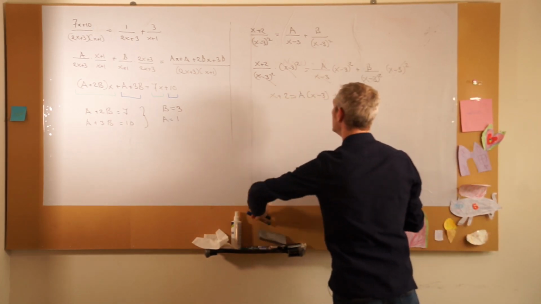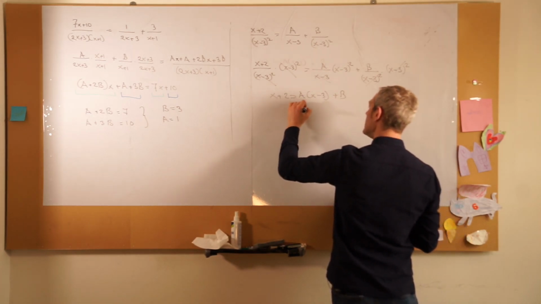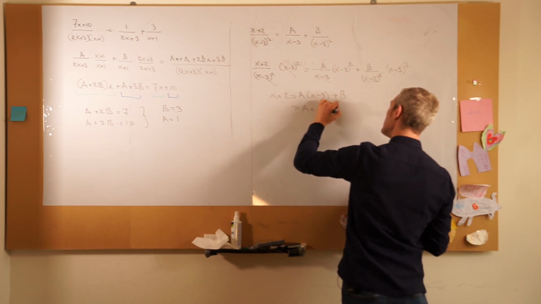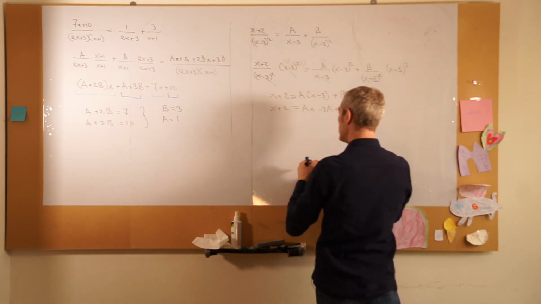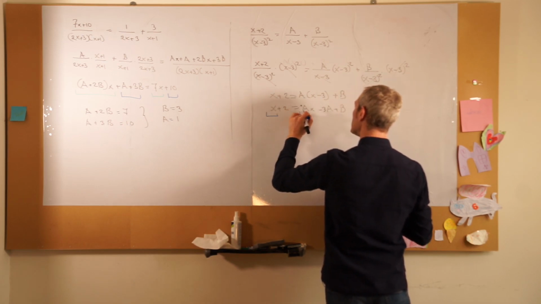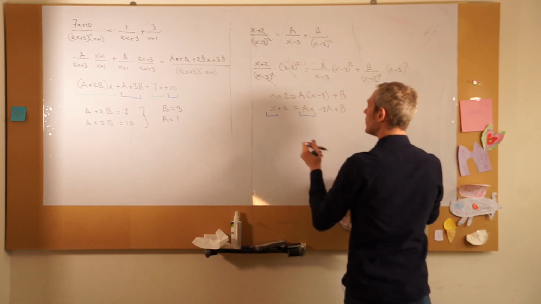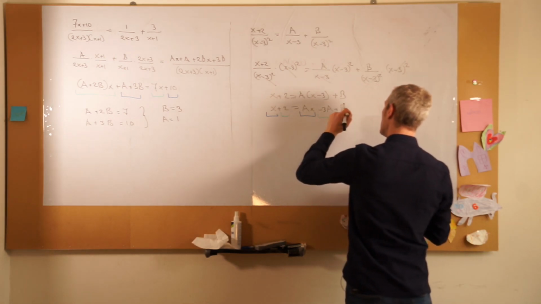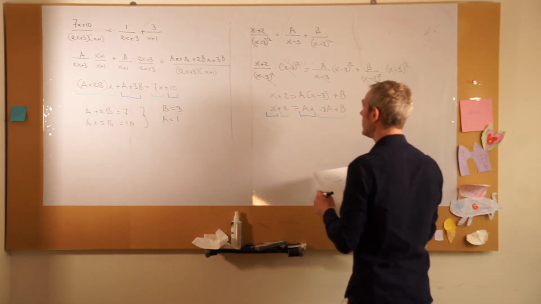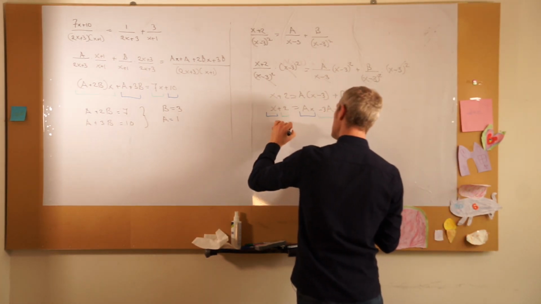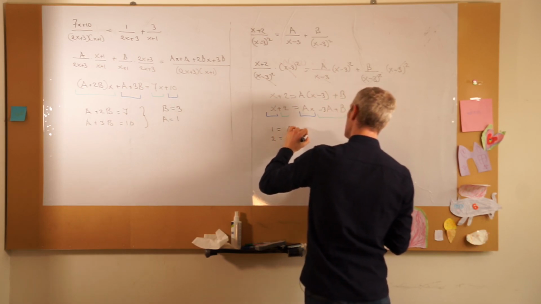And again, we have a certain amount of x. Let me just rewrite this. This is a times x minus 3a plus b is equal to x + 2. We have our terms with x, and we have our constant term. We have two equations, two unknowns, and we get that 1 is equal to a and 2 is equal to -3a + b.